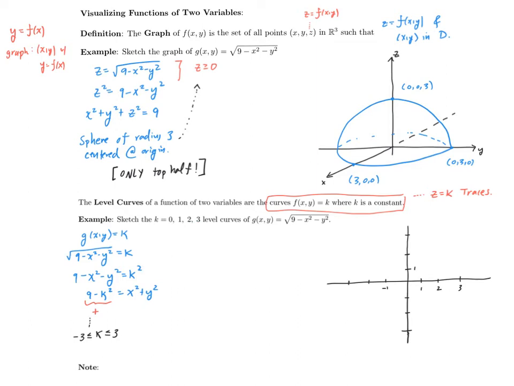So to begin, if we have k equals 0, I'm simply going to cut and paste what we have to the left, but substitute in that value of k. So when k is equal to 0, we have x squared plus y squared equals 9. That corresponds to a circle of radius 3 centered at the origin.